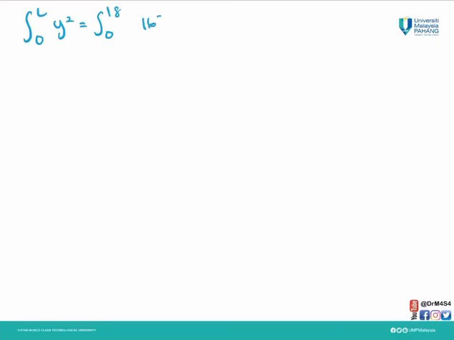So 16 squared, 18 minus x power of 2, divided by 18 power of 4 dx. Take out the constant value.